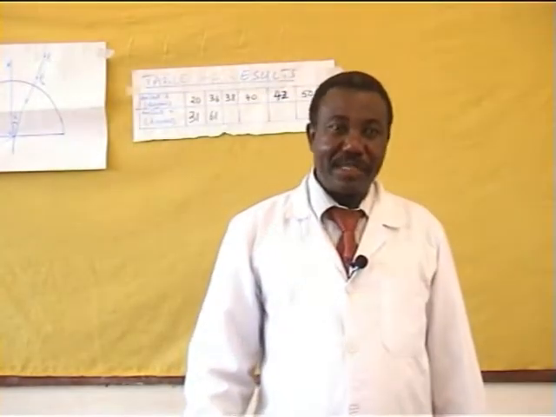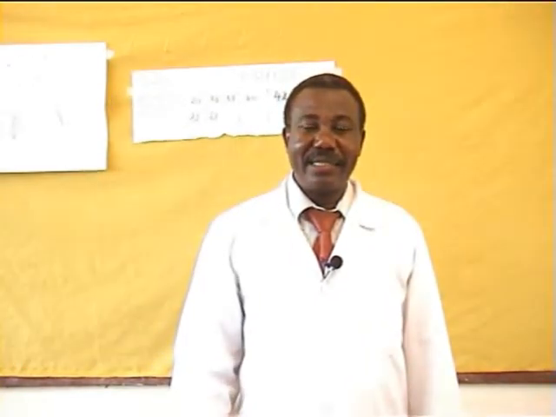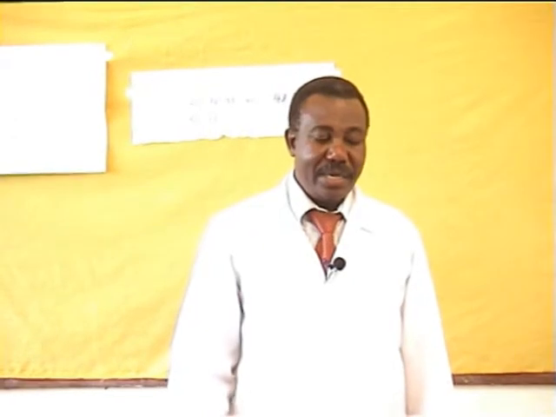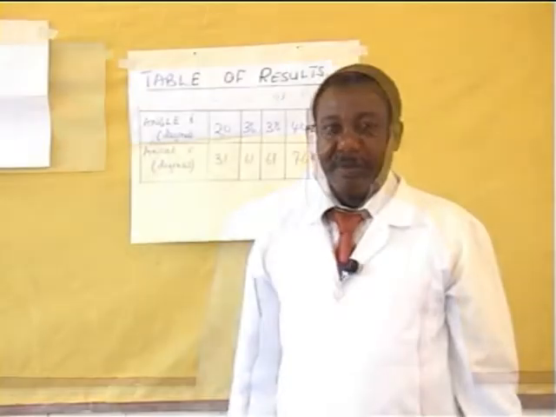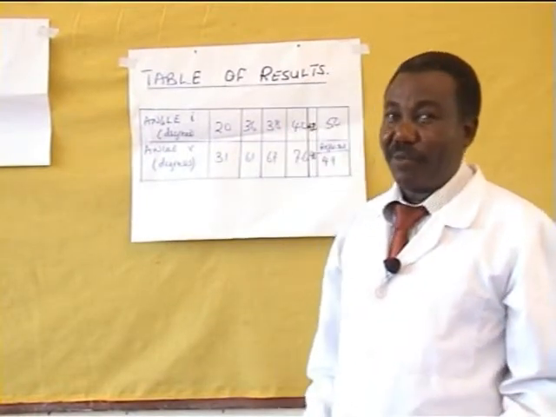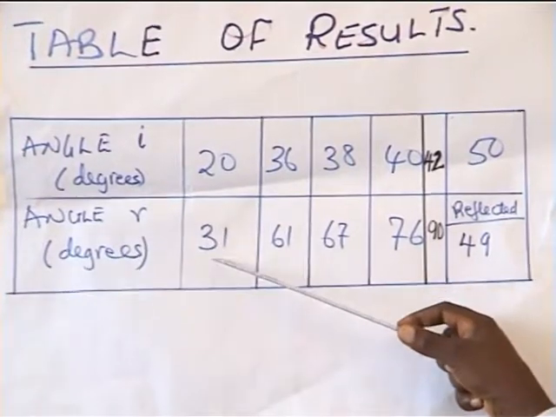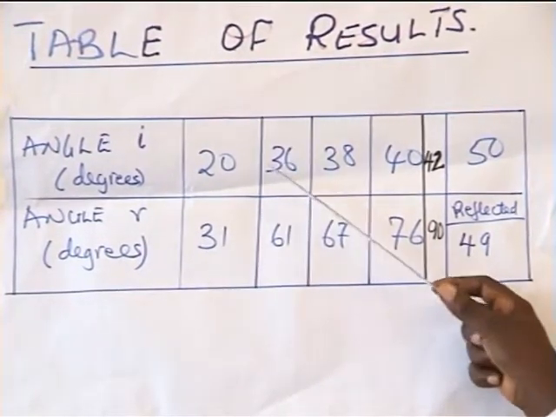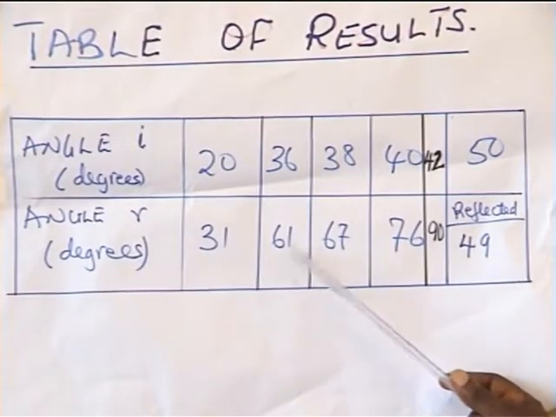Repeat this process for angles of incidence of 38, 40, 42, and 50. When you complete that, you find that when it is 20, that of refraction is 31. For 36, the refracted angle is 61.